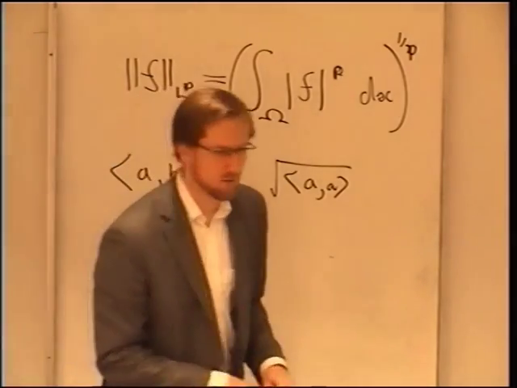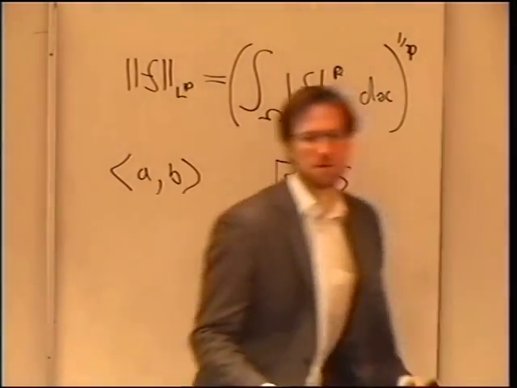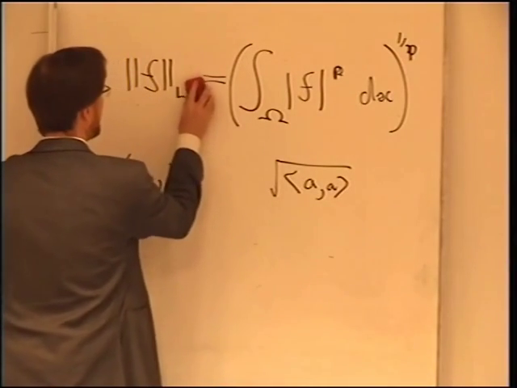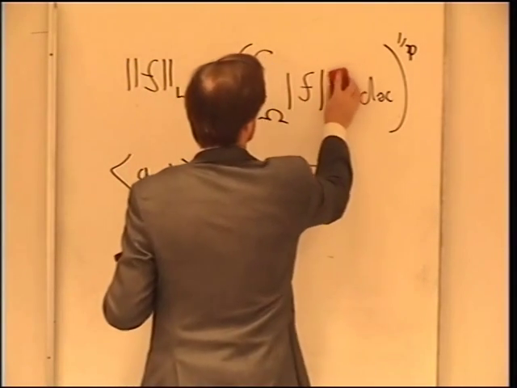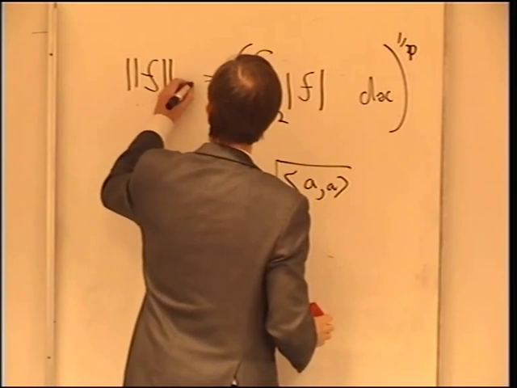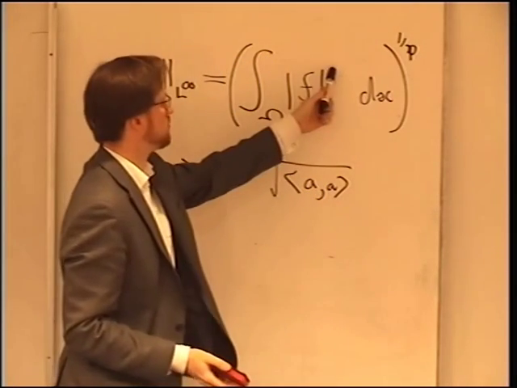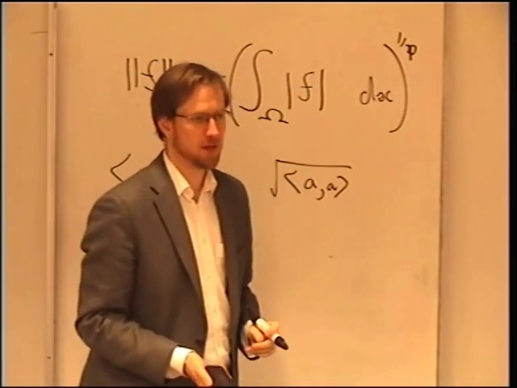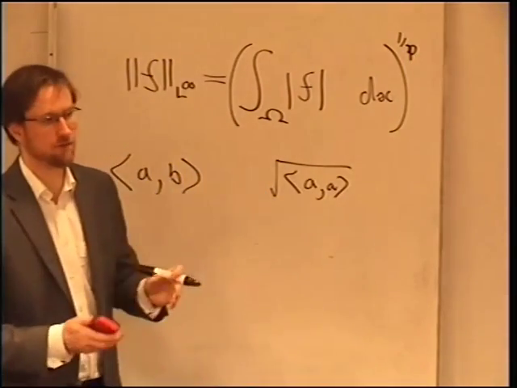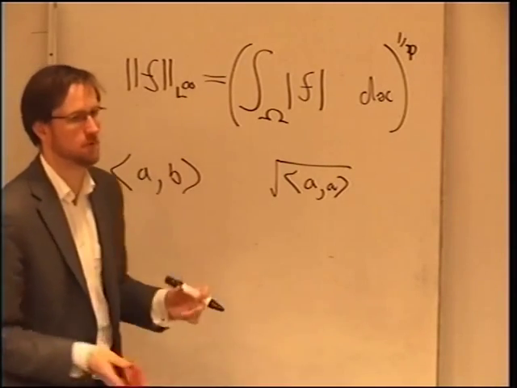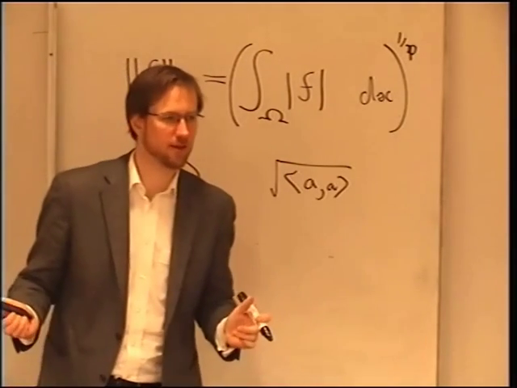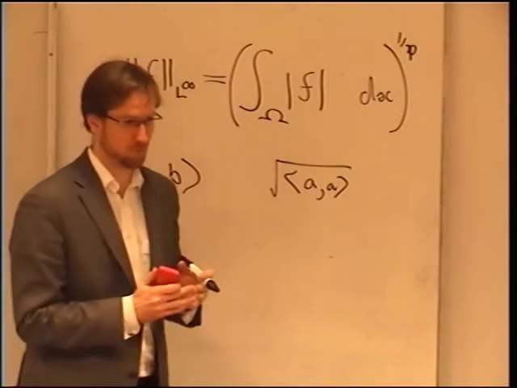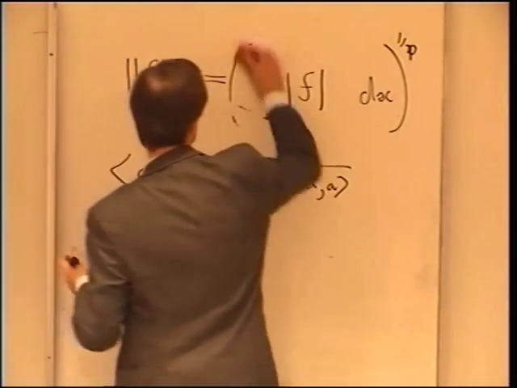In the mathematical sense, the computing pedants in the room will understand that not a number and infinity are different, but in this particular circumstance it makes sense, although it doesn't really make sense to write an infinity in here or a 1 over infinity in there. But if you took the relevant limit, as p went to infinity, you would get something which has the properties of being a norm. It's called the L infinity norm.